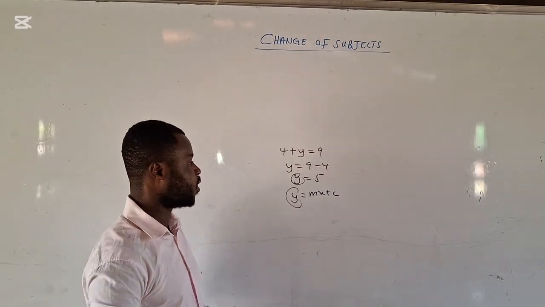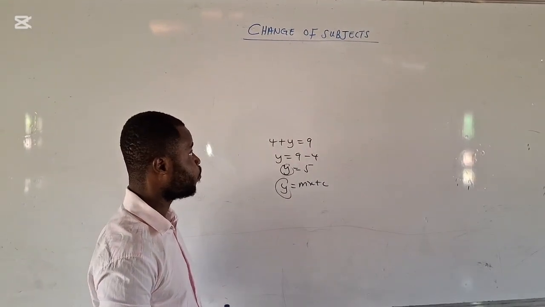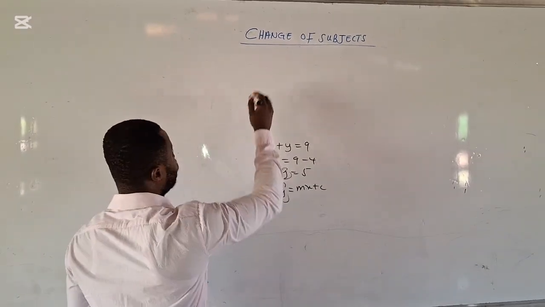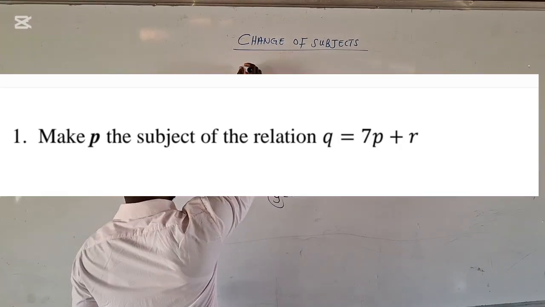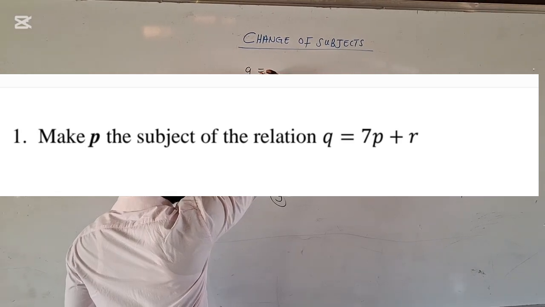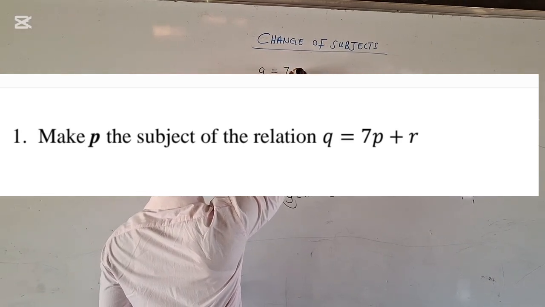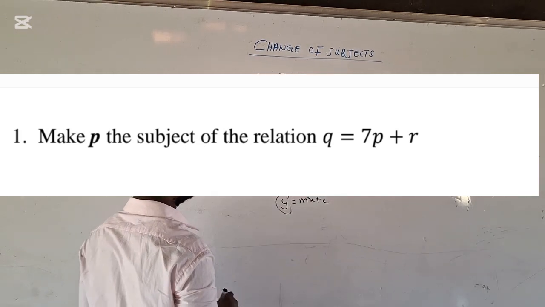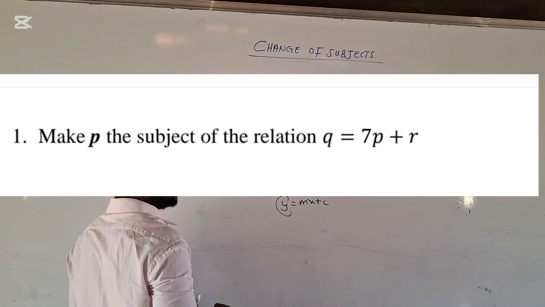So without wasting more time, let's quickly take a first question on change of subject. As it has been posted on the screen, Q is equal to 7p plus r. We have to make p the subject, so it means we have to make p stand alone.